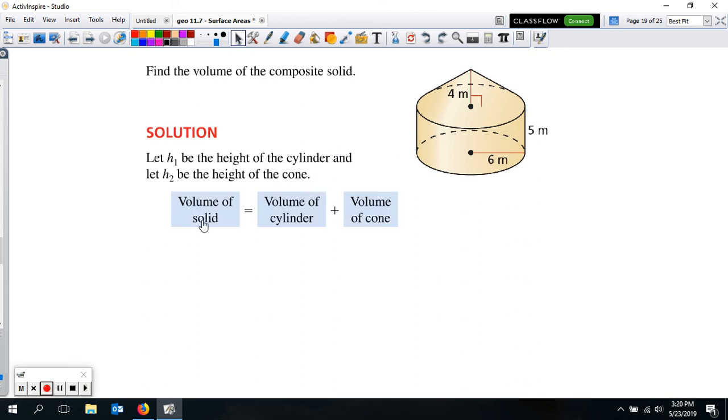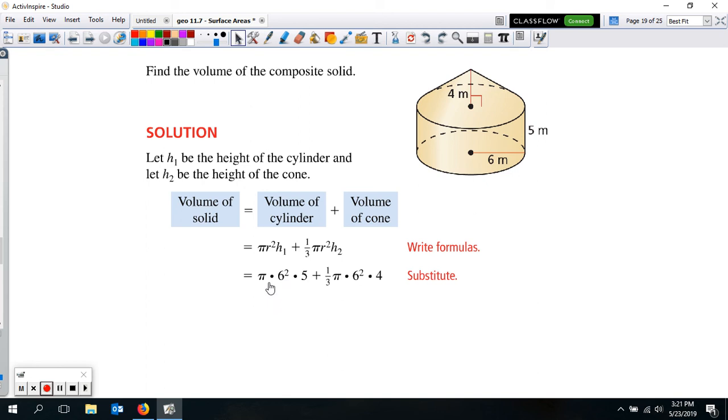So the volume of the solid is going to be the cylinder plus the cone. Finding the cylinder's volume is, again, base area times height. Our height is 5. So pi r squared, where the radius here is 6, times the height, which is 5. That's the volume of the cylinder.